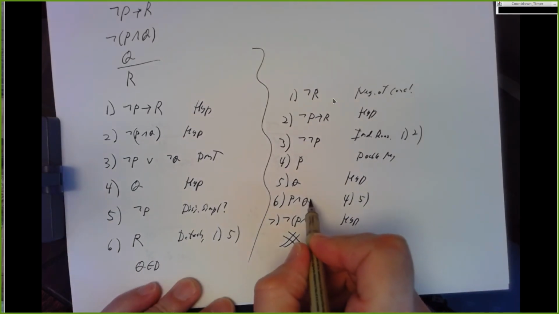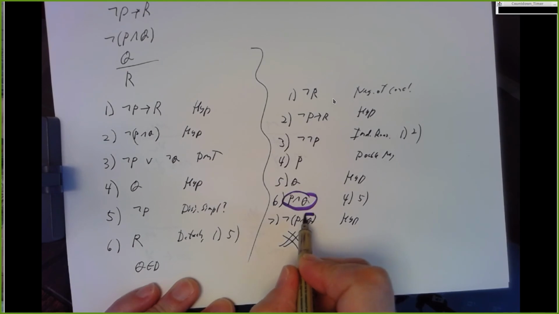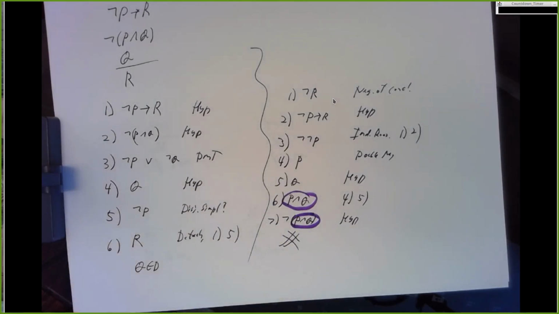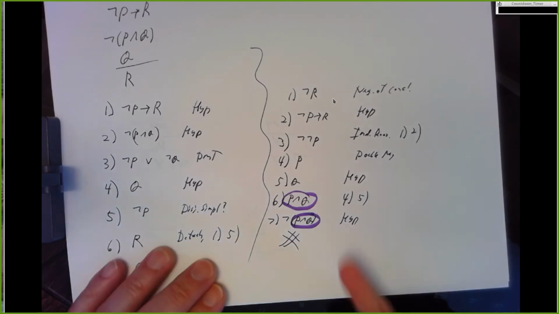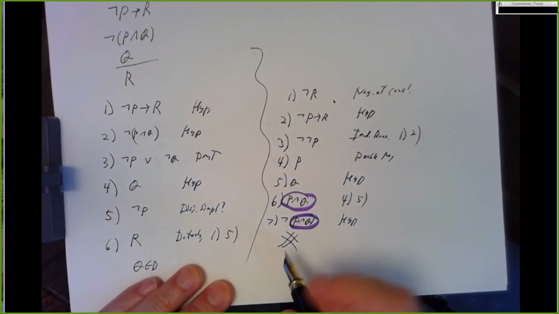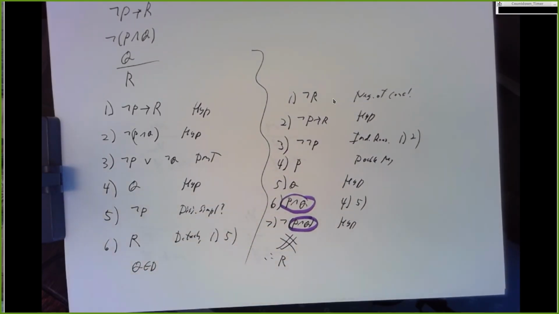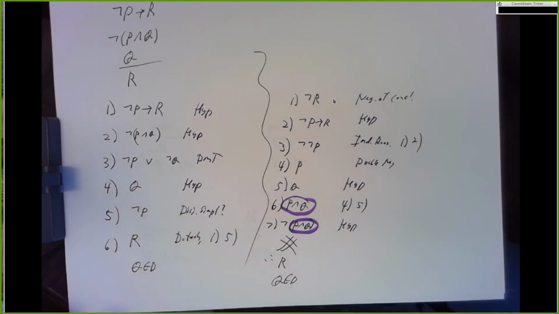Because here I wrote a proposition, and here I wrote the exact same proposition, but with a negation in front of it. So I'm not asking the reader to apply De Morgan's theorem or distribute an operator or something like that. These two directly contradict each other. Therefore, R must be true. And that's what we were asked to show.